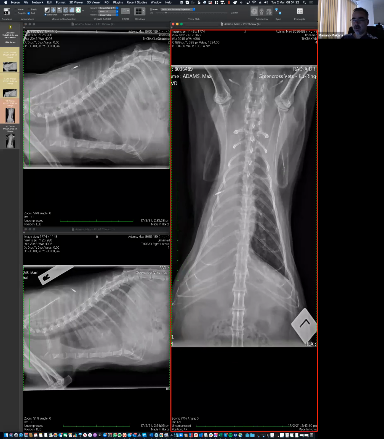Not very specific history. Going through the history, there wasn't anything specifically respiratory. It was based on an abdominal ultrasound that they thought there was something abnormal in the thorax, and this is what we now see in the radiographs.